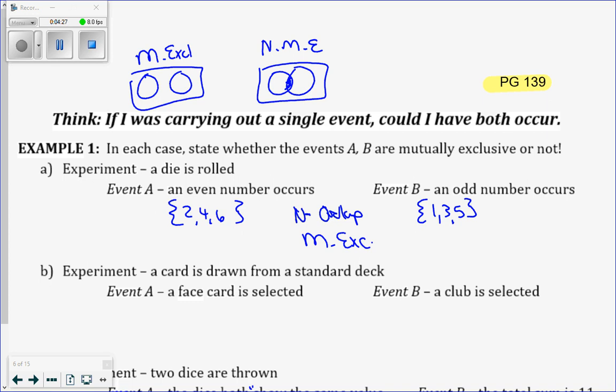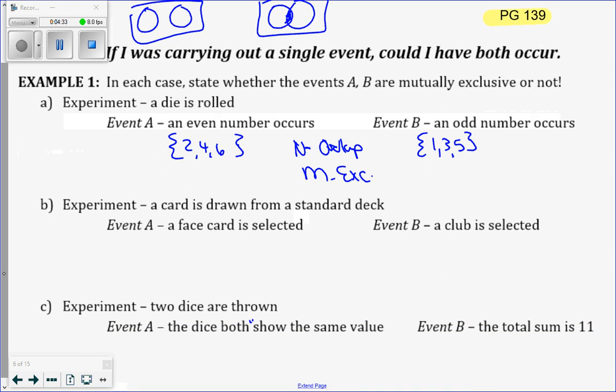A card is drawn from a deck. Event A, you get a face card. Event B, you get a club. Is there overlap? Are there face cards that are also clubs? Yes, Jack of clubs, Queen of clubs, King of clubs. Okay, so this has overlap.